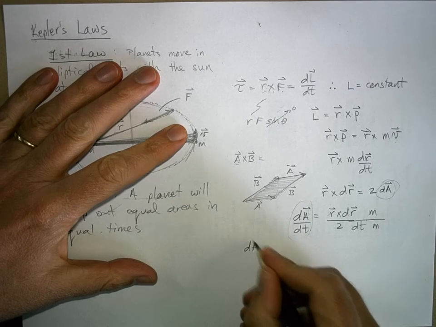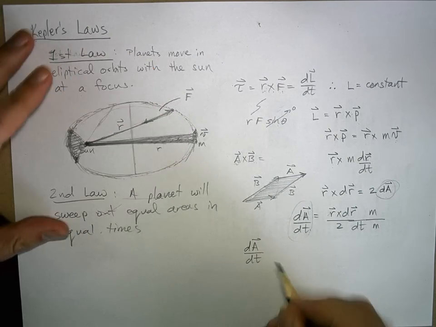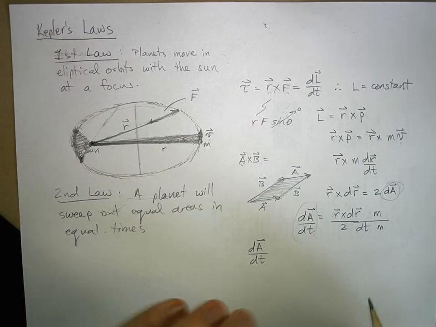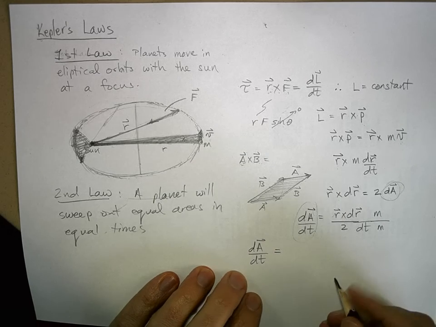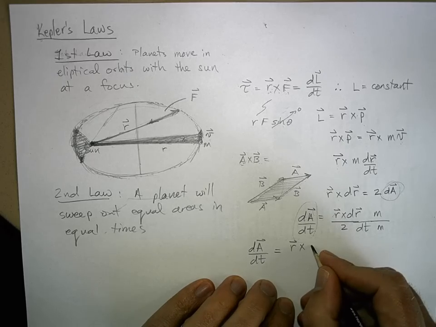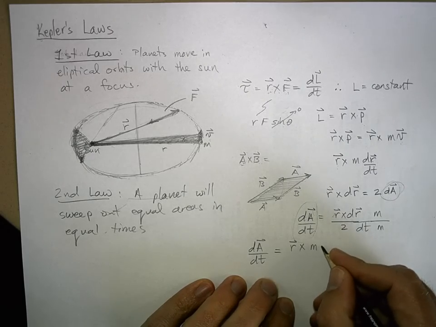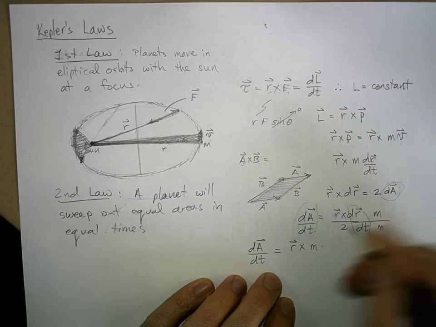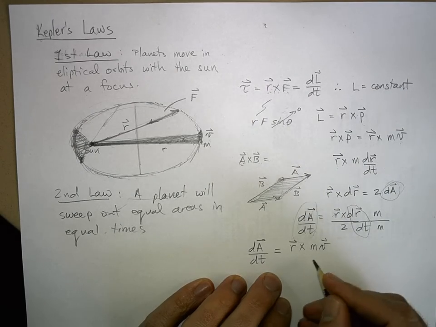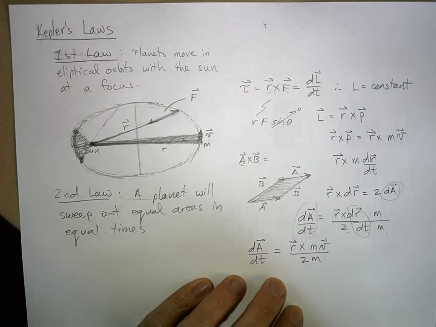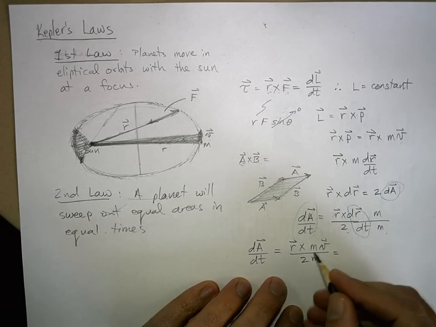So the rate at which I'm sweeping out area as I go around my ellipse is equal to R cross m dr dt. But what is dr dt? It's v over 2m. Okay. But what is this right here?